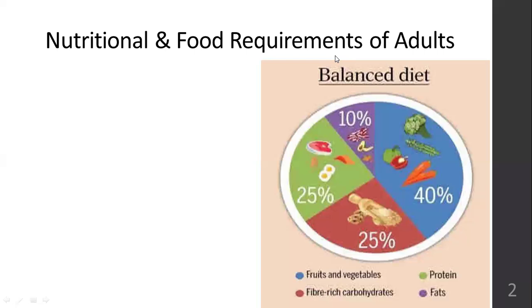So if the child was born with 3 kg, the child has to gain another 3 kg by the end of 6 months. That should be the weight gain in an infant. By the first birthday, the child has to triple the weight. So weight gain is a major factor when a child is growing up in the first year of life.